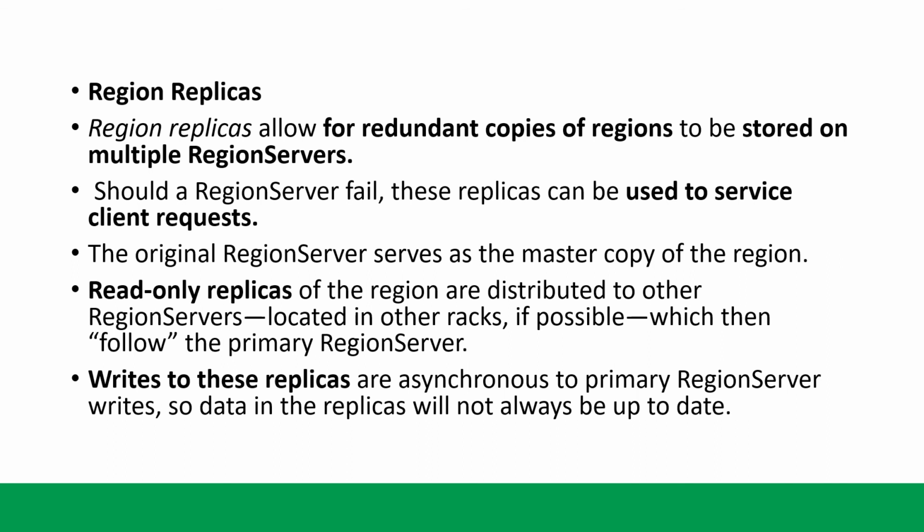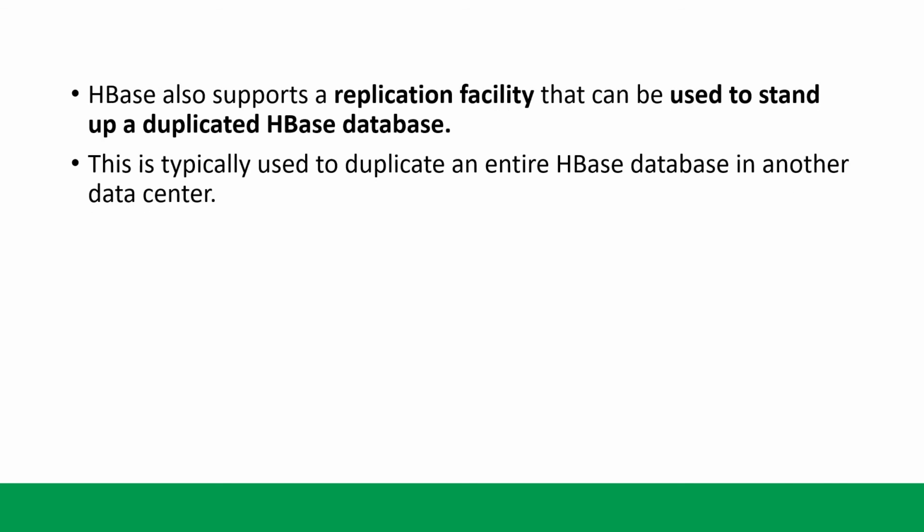Writes to these replicas are asynchronous to primary region server writes, so data in the replicas will not always be up to date. HBase also supports a replication facility that can be used to stand up a duplicated HBase database. This is typically used to duplicate an entire HBase database in another data center.